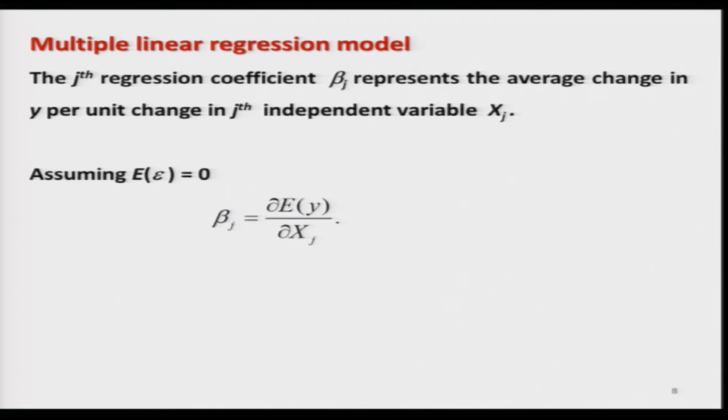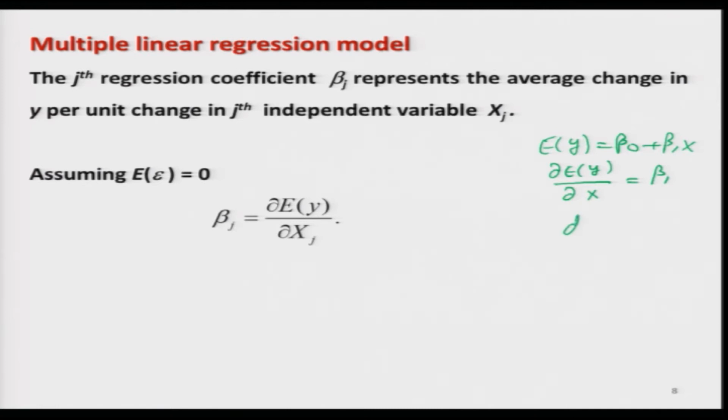So this interpretation goes exactly on the same line as we have discussed in the case of simple linear regression model. If you remember, we had taken the model expected value of y to be beta 0 plus beta 1 x, and then we had differentiated expected value of y with respect to x, and this came out to be beta 1.